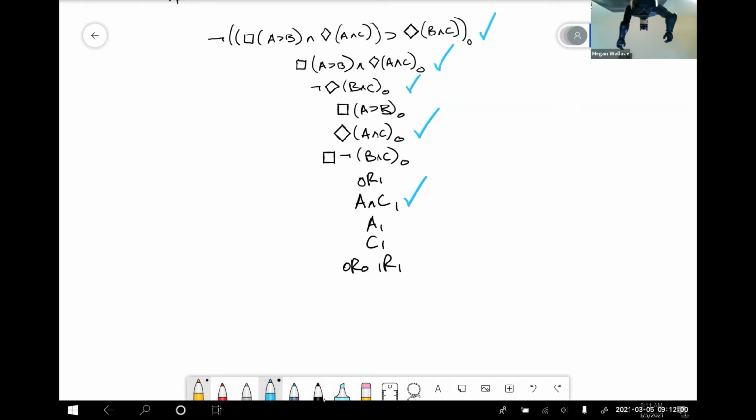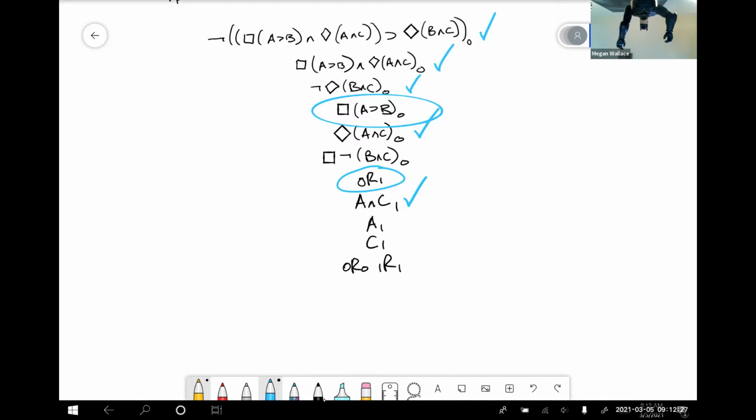Once we've got that, we can take this box claim here and you can try to see where you want to show that A then B is true at. In a system that's reflexive, if you have necessarily A then B at 0, then you know that A then B is true at 0. But also because we have 0 can see 1, we know that A then B is true at 1.